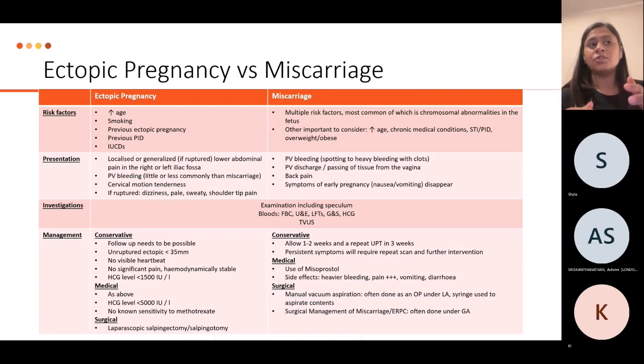With the manual one, it's usually a manual vacuum that you create with a syringe, although nowadays they do have certain devices that use an electrical vacuum, which is what we use in surgical management of miscarriage. We're trying to step away from the word ERPC unless it really is an evacuation of retained products of conception.